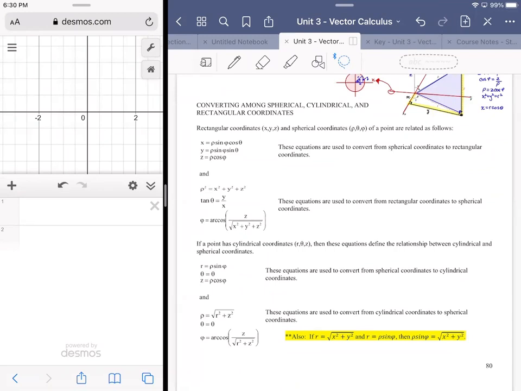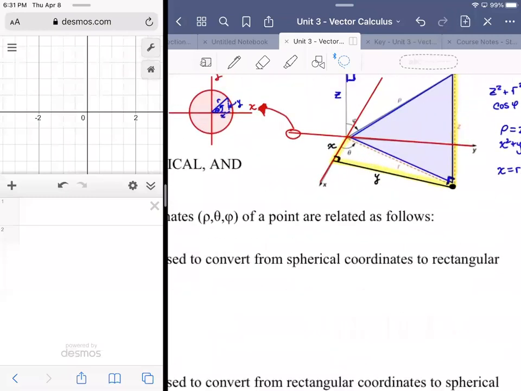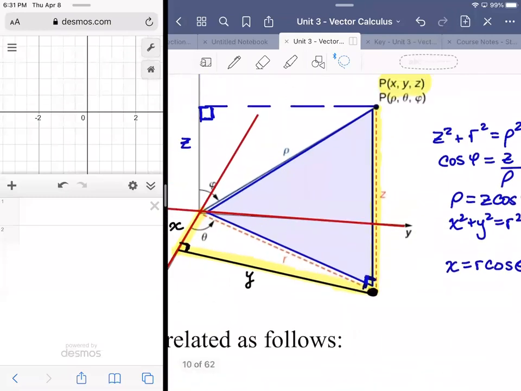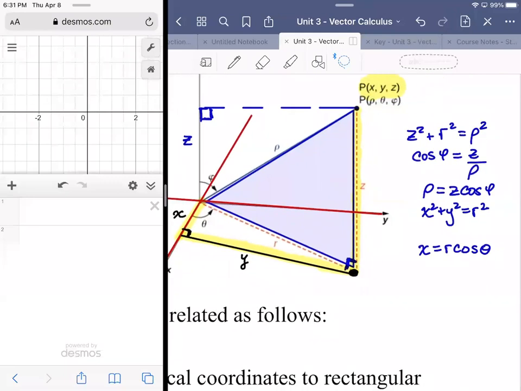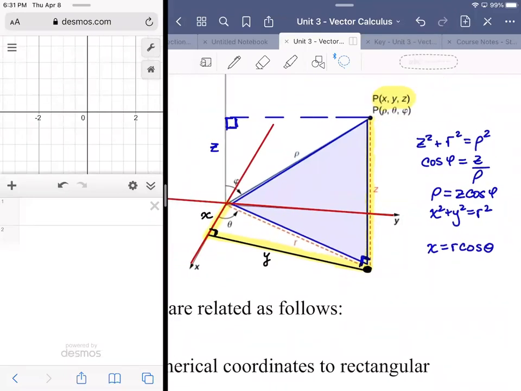So r is equivalent to rho sine of phi, right? And again, that comes from this triangle, or this triangular relationship. r is equal to rho times the sine of phi. I might want to clean that up a little bit.